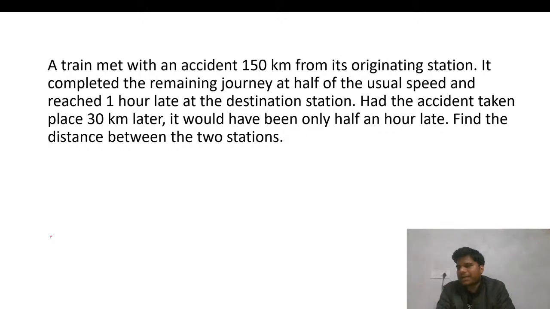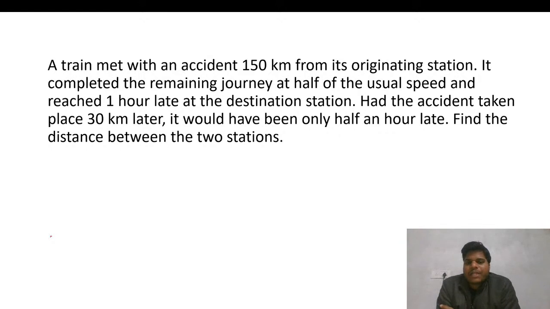You have to be a little attentive about where you can apply this formula. In boat and stream questions we can apply it, and at a lot of places. So try this question, then we'll discuss.